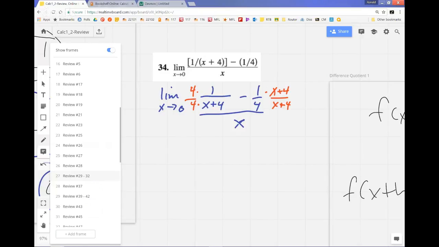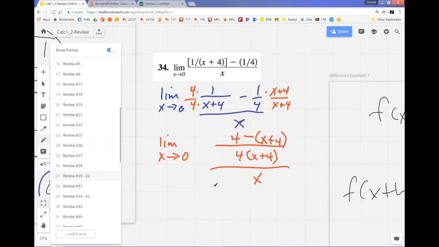Okay, so now they're both going to have the common denominator 4 times x plus 4. And the first fraction will have a 4 on the top. And the second fraction will have an x plus 4. And then way on the bottom here, we still have this guy.